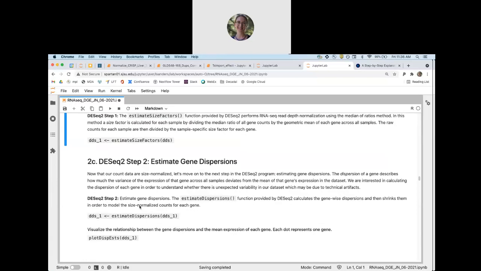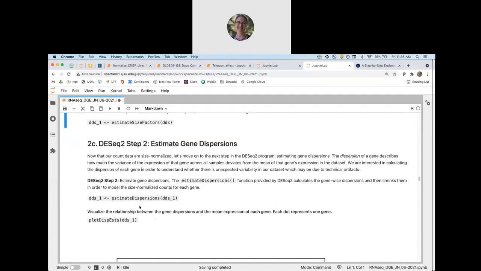Secondly, remember, we need to estimate gene dispersions because the genes with low counts don't have reliable gene variance or gene dispersion. So we have to share information between genes. Again, we have a very handy function provided by DESeq2 called estimateDispersions.